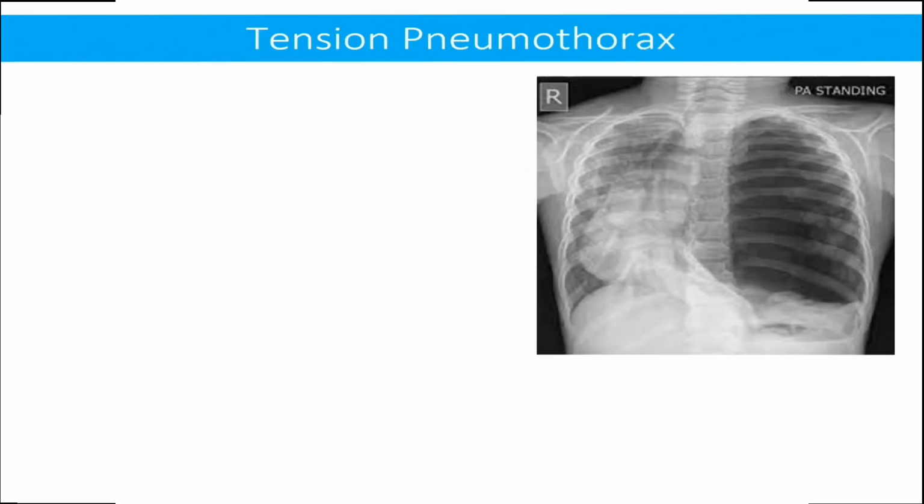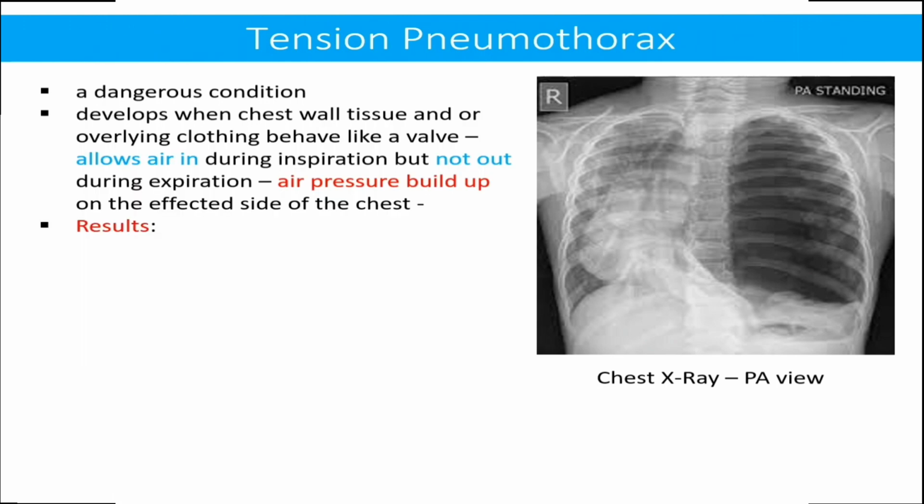Now the tension pneumothorax. It is a dangerous condition which develops when chest wall tissue and or the overlying clothing behave like a valve, which allows air to rush into the pleural cavity but does not allow it to exit during expiration.